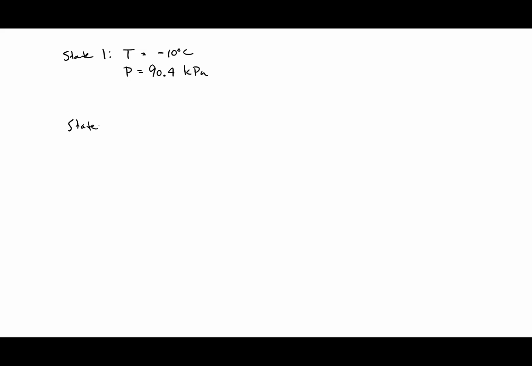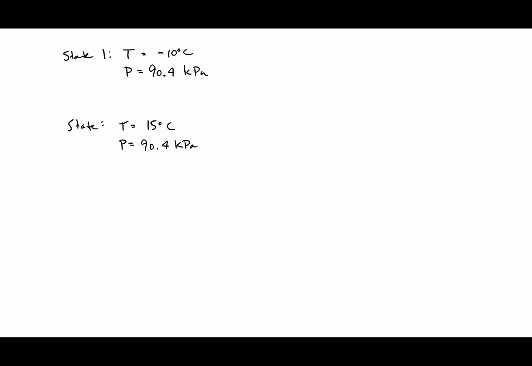And for state 2, our temperature is 15 degrees Celsius, and our pressure is also 90.4 kilopascals. Since we have both the temperature and pressure given, we should be able to determine if we have a compressed liquid, saturated mixture, or saturated vapor.